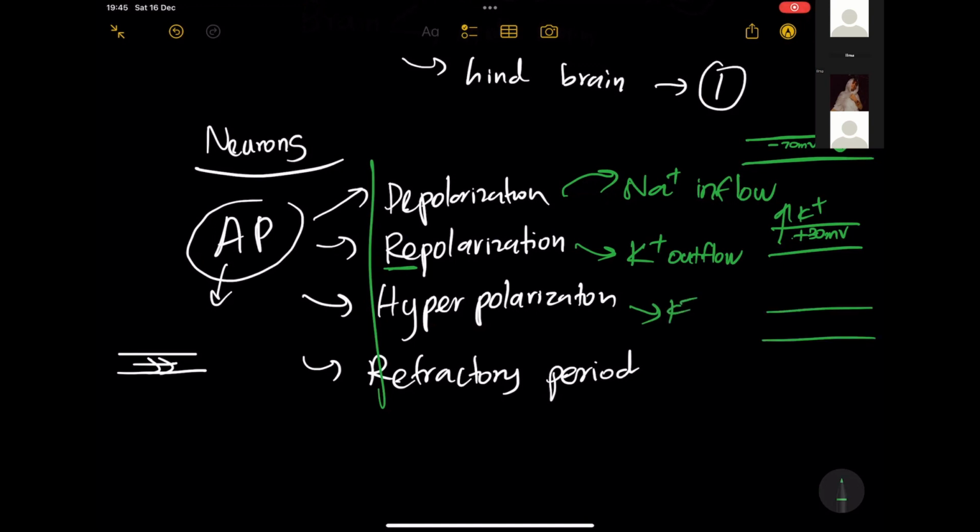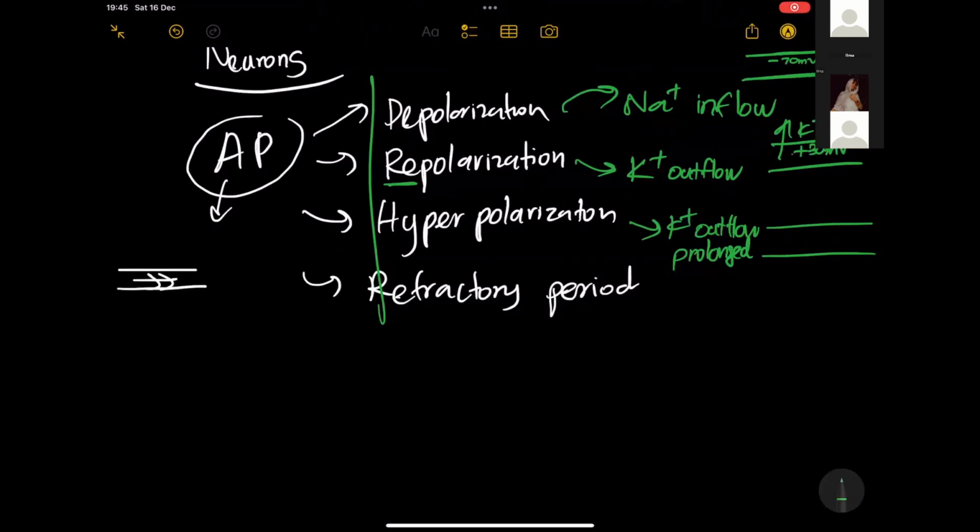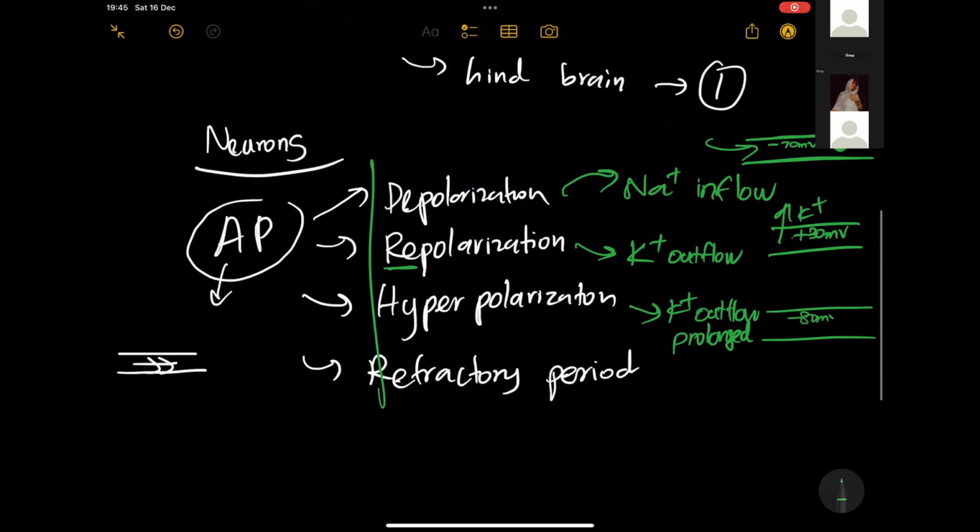But what happens? The outflow of K plus ions is prolonged. That means continuous outflow. You didn't stop the outflow properly. So that will make the inside, usually it should be minus 70, right? It will make it more negative, say minus 80, for example. So that is hyperpolarization, making it more negative.